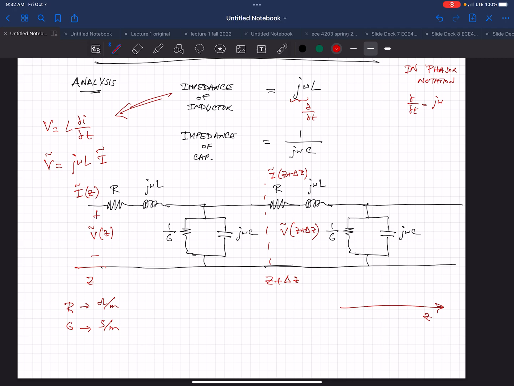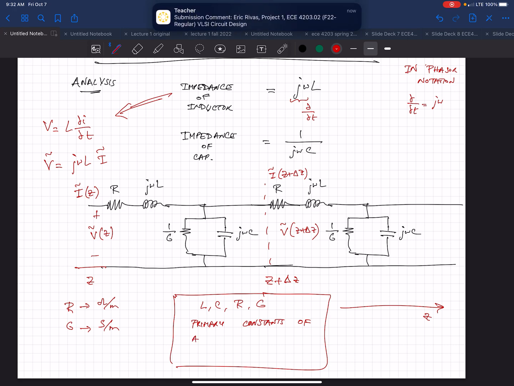We had L and C, and now we're adding R and G, and these are the primary constants of a transmission line.